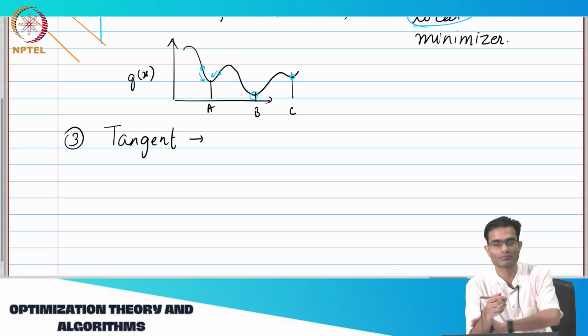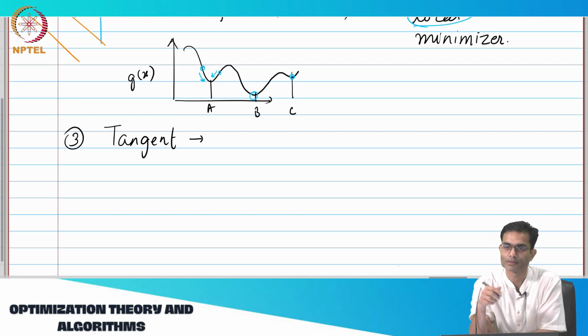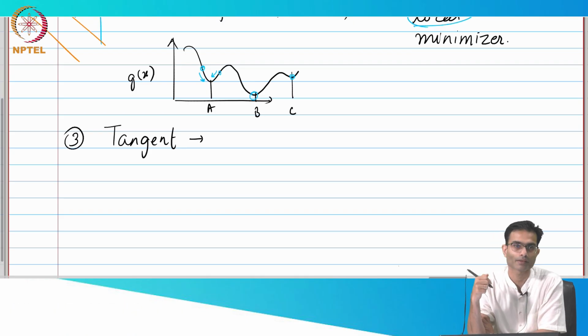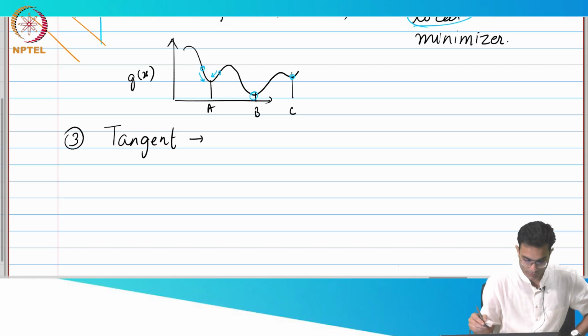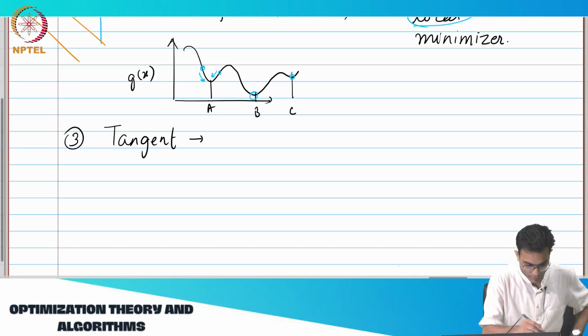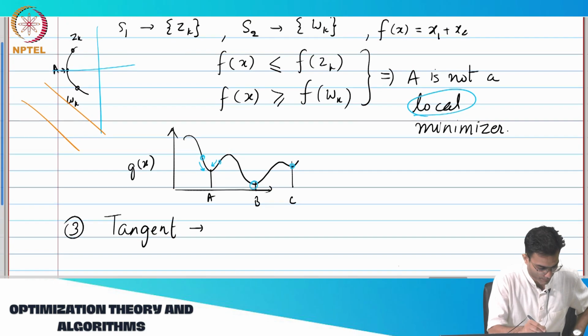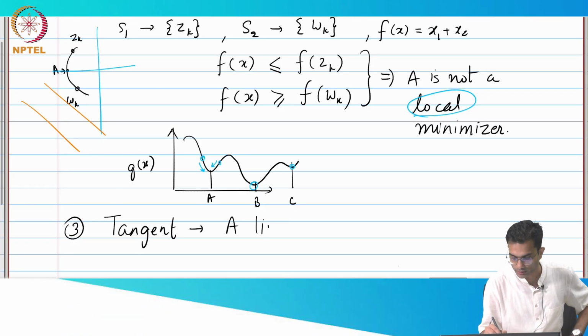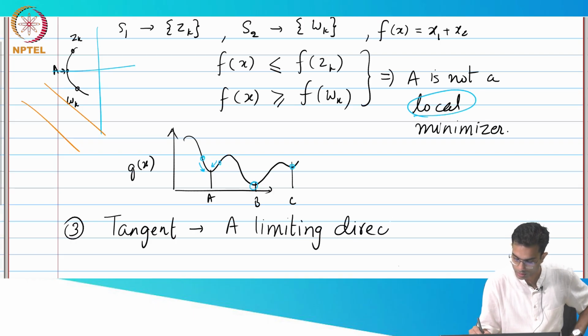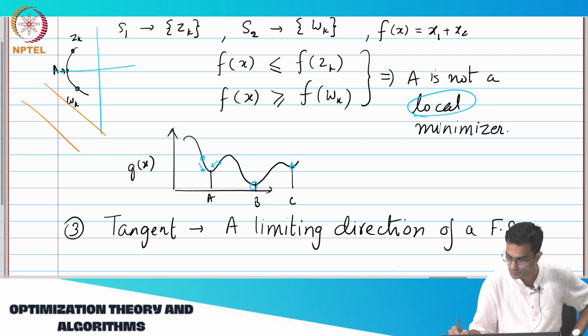We've been drawing tangents since class 9. Let's formalize this in a way derived from feasible sequences. So I have our diagram above over here. A tangent is simply what I can call a limiting direction of a feasible sequence.